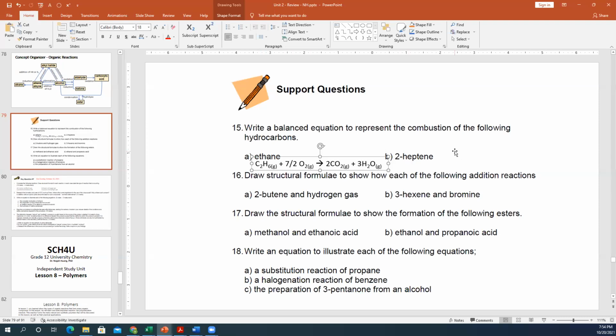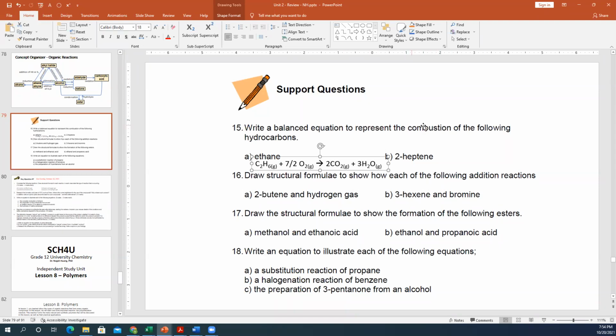Maybe you have to draw out your carbons and hydrogens and all the bonds and figure out there's a double bond in there. So then I don't have as many hydrogens as I would if it was just an alkane, because now it's an alkene. There's a double bond in there. That takes away some hydrogens. So you want to really write it out and figure out how many C's, how many H's.